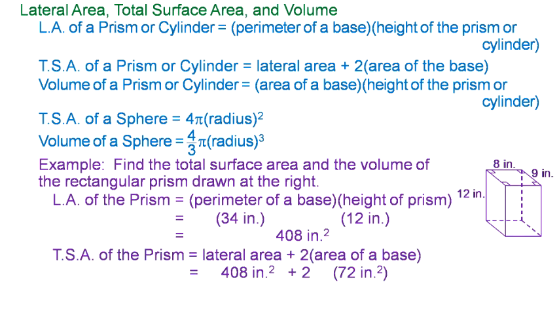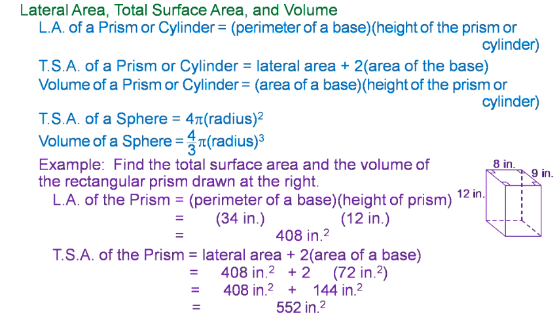To find the total surface area of this prism, I just need to add this to the area of the top and the area of the bottom. Or, in other words, I can use the formula that you see here. To simplify this, I'll note that the order of operations says that I must multiply 2 times the 72 square inches first.